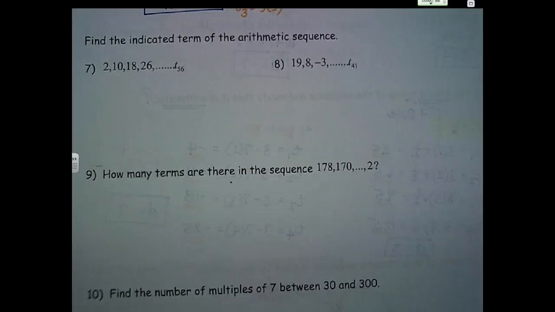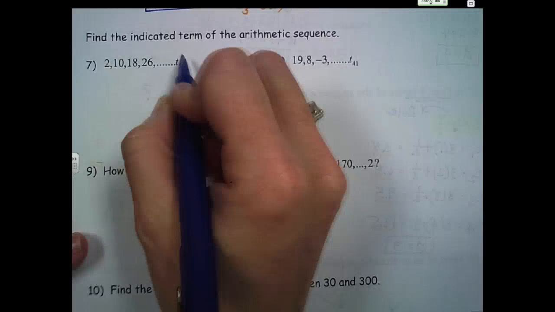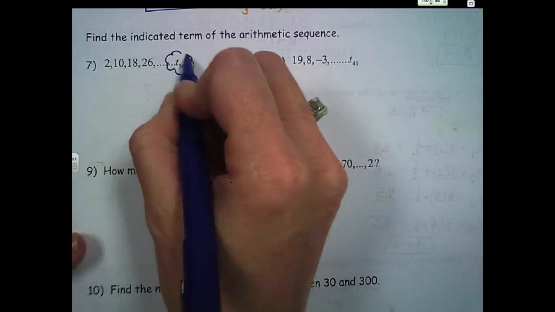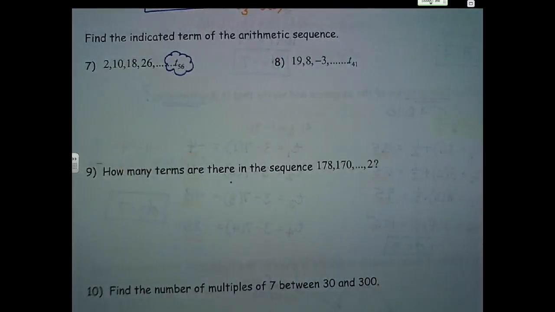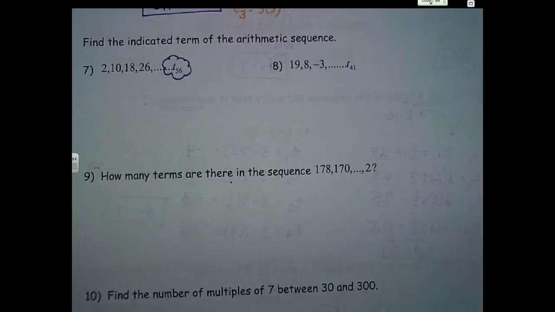All right, number 7. Find the indicated term of the arithmetic sequence. Here's the weird part about this one. I'm looking for the 56th term. Did it give me a rule? No, but I have a guideline.